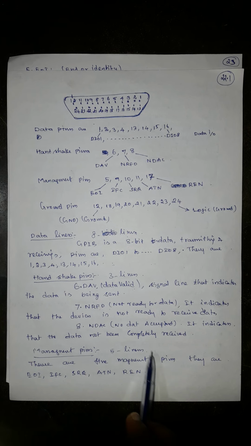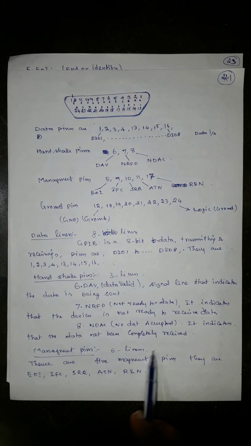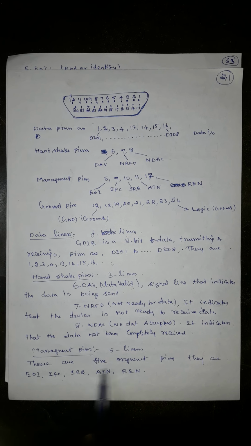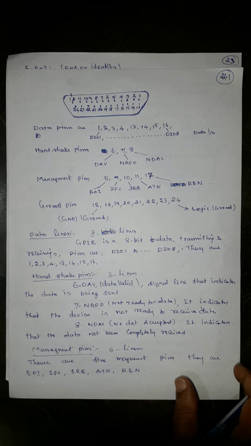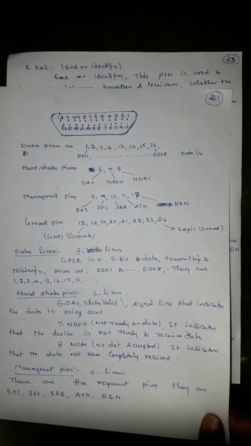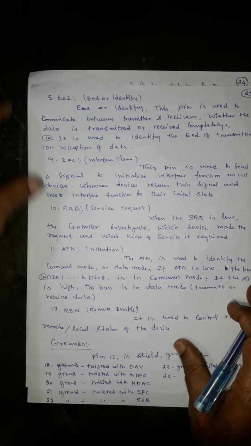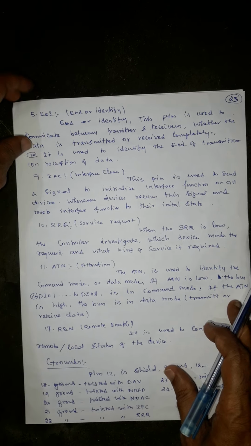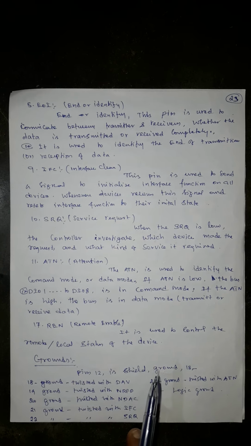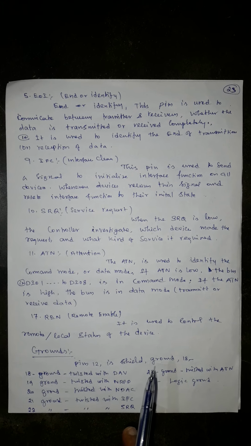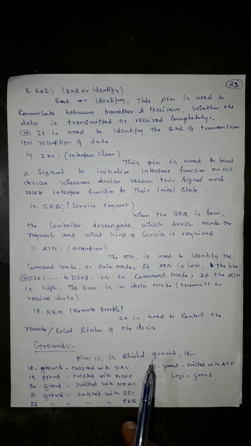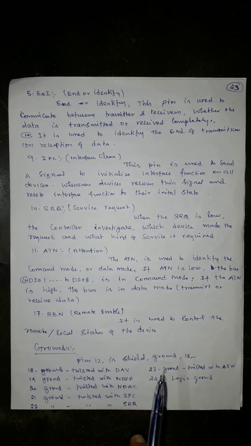And then the remaining are the 5 management pins. They are EOI, IFC, SRQ, ATN, REN. We can see the first one, EOI, end or identify. This pin is used to communicate between transmitter and receiver, whether the data is transmitted or received completely.